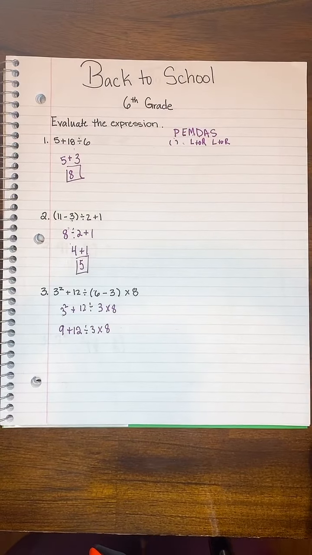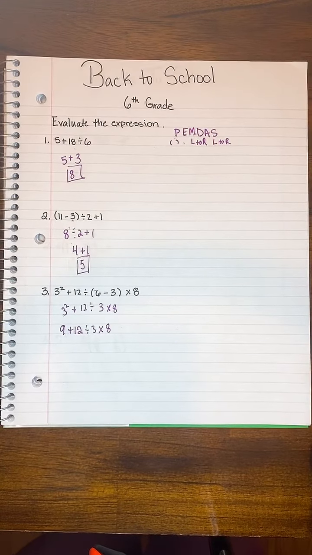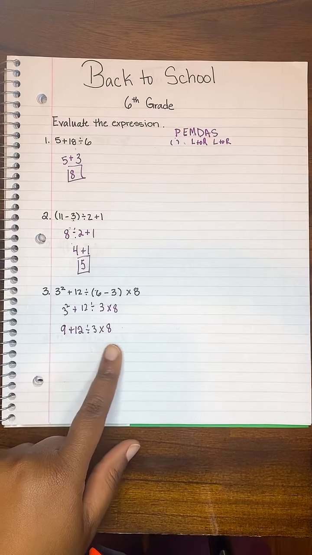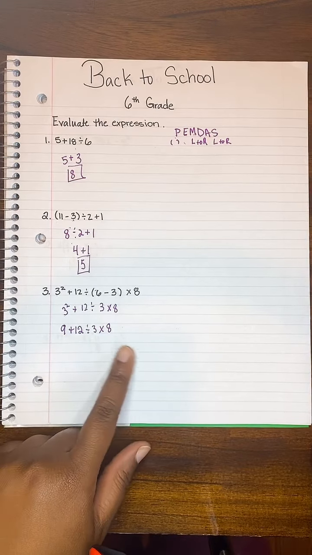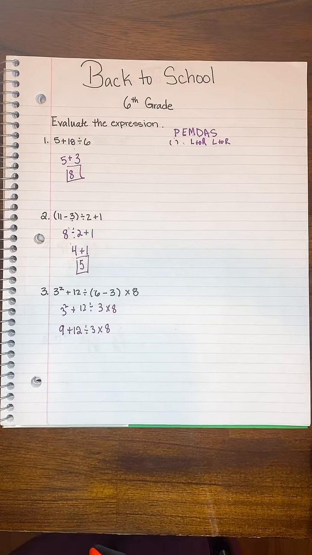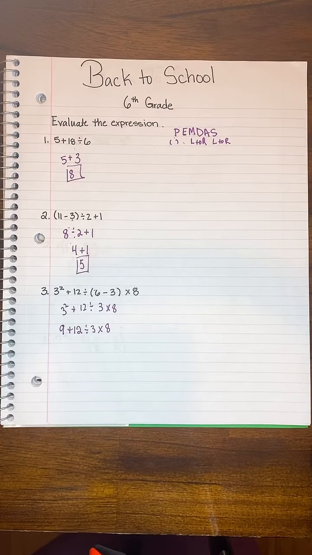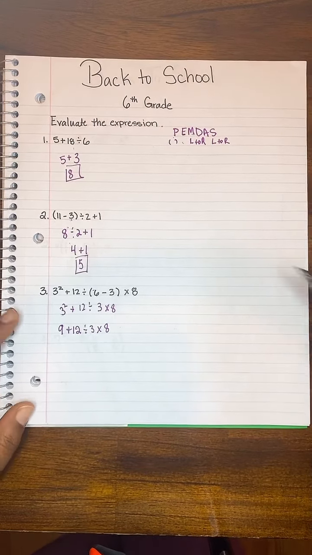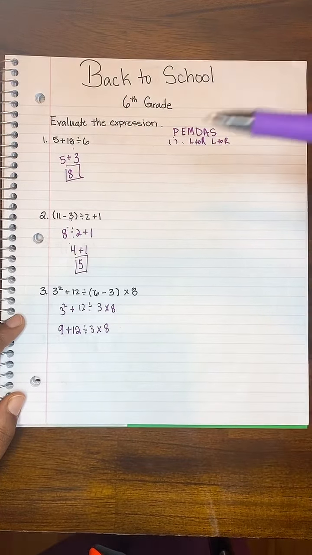Now, this is a common error. What do I do next? What would you guys say? Now, division. Good. See, some people are saying multiply, some people are saying division. Let's clear this up now.